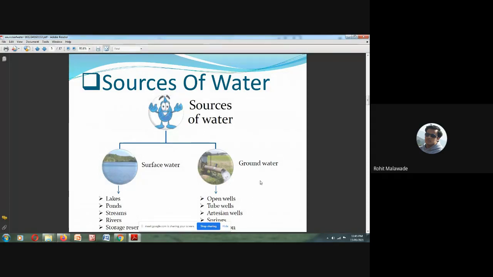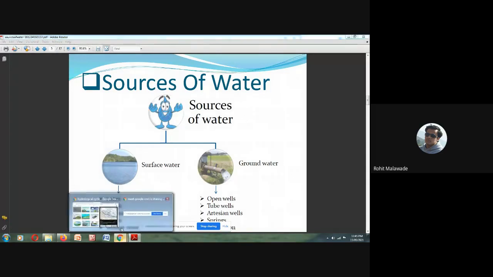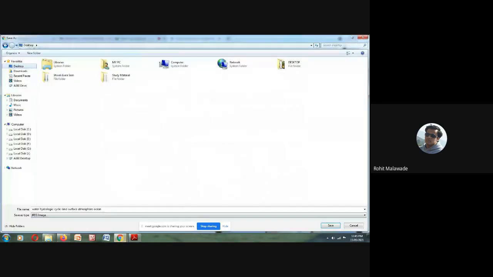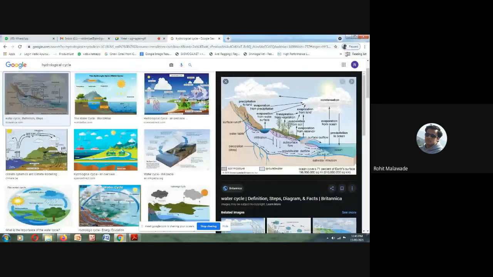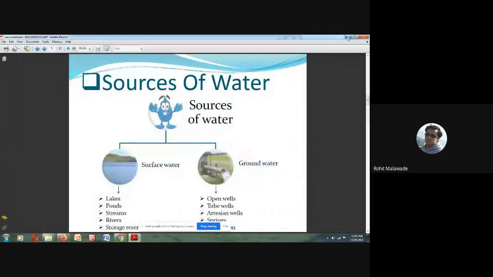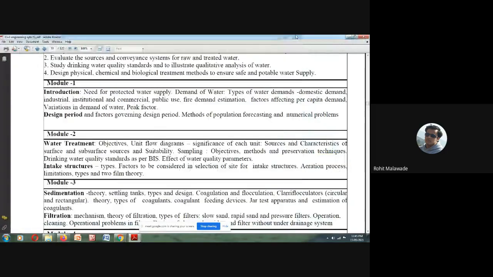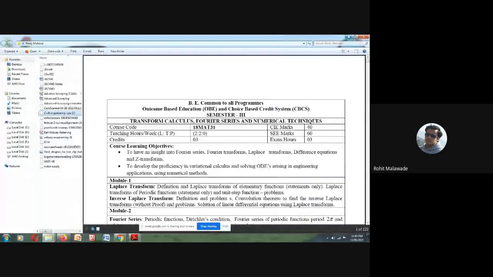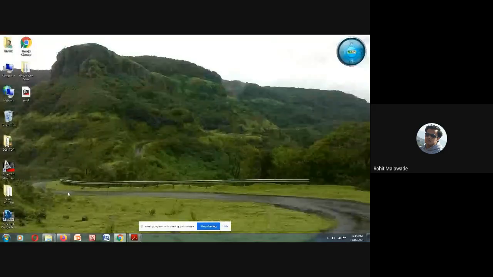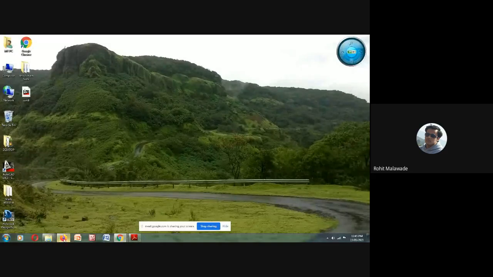Now, before going to the sources of water, we will see how the hydrological cycle is helping us, right? How the hydrological cycle is going to help us in order to get this particular water. We will see how surface water is going to help us.